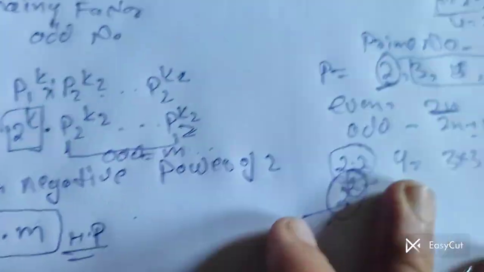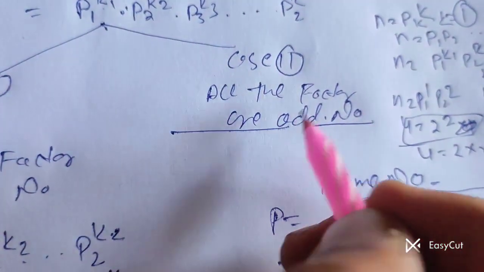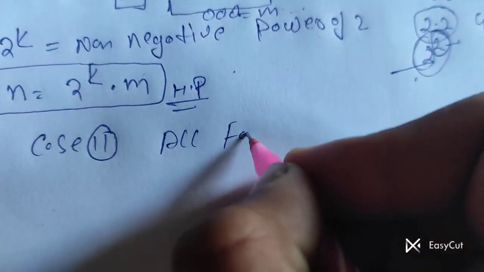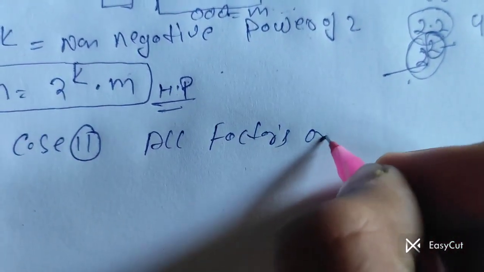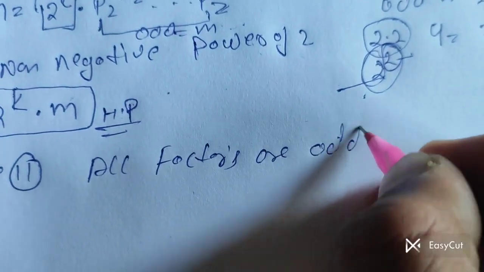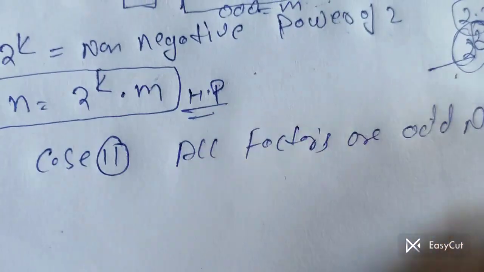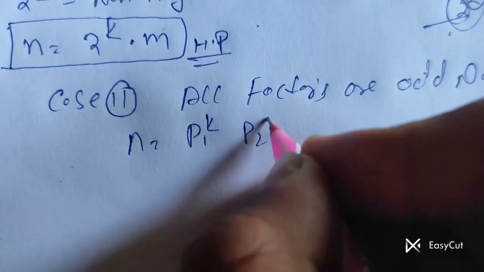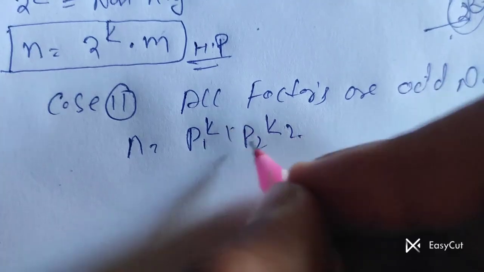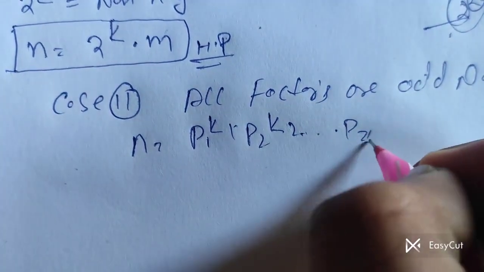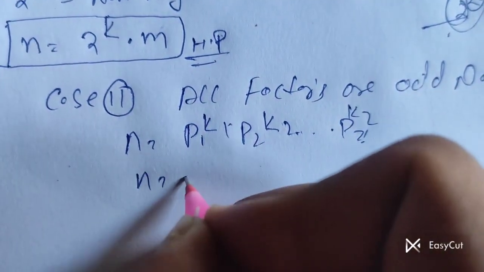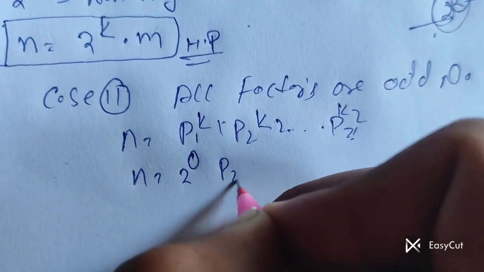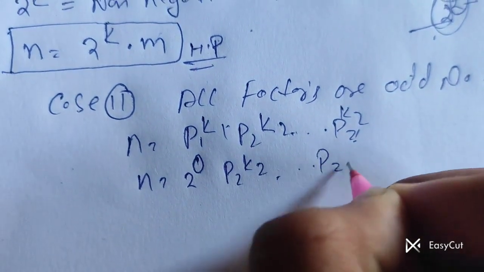When we talk about case 2, it says all the remaining factors, all factors are odd numbers. So now n has factors p1^k1, p2^k2 up to pz^kz. So our n is 2 to the power 0, because k is 0, times p2^k2 up to pz^kz.